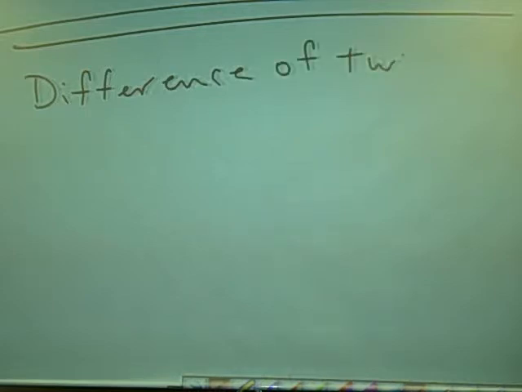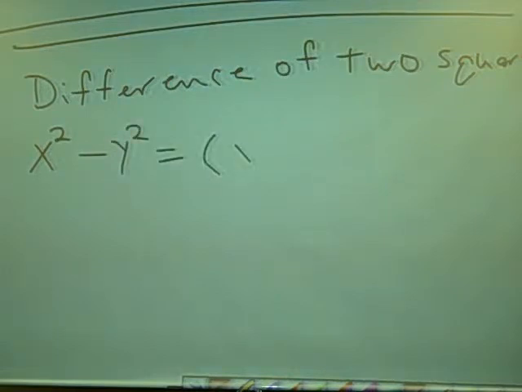Now we have what we call the difference of two squares. Basically, x squared minus y squared equals x minus y times x plus y.